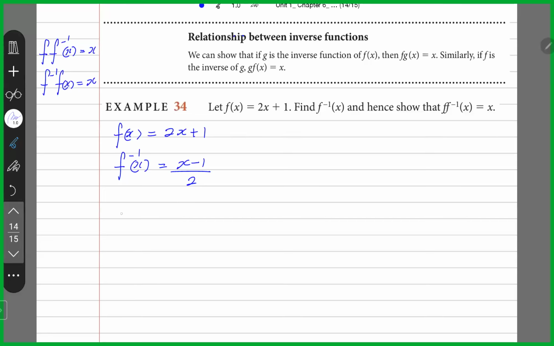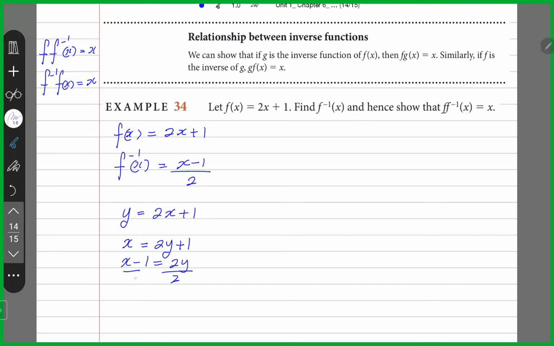But if we're going the long way, which is to go through the 4 steps, it would be y is equal to 2x plus 1. This is step 1, which is to write the defining equation. Then x is equal to 2y plus 1, that's step 2, which is to interchange x and y. Step 3, x minus 1 is equal to 2y.